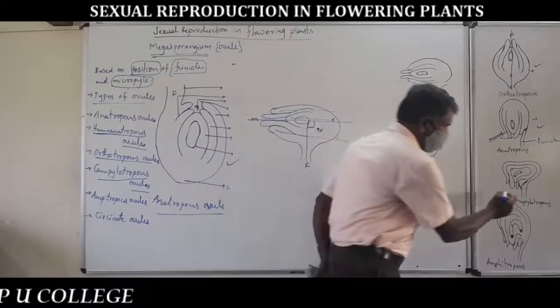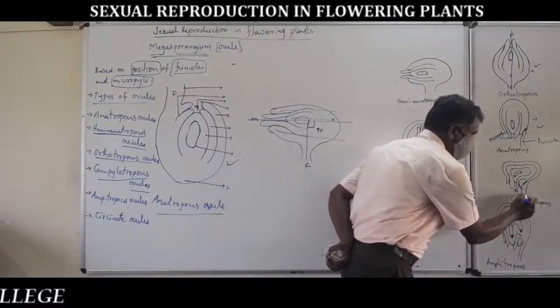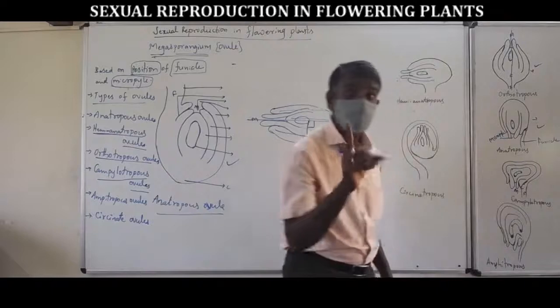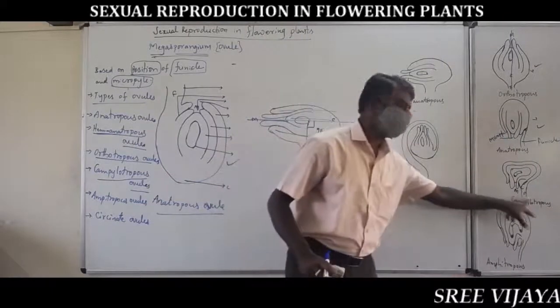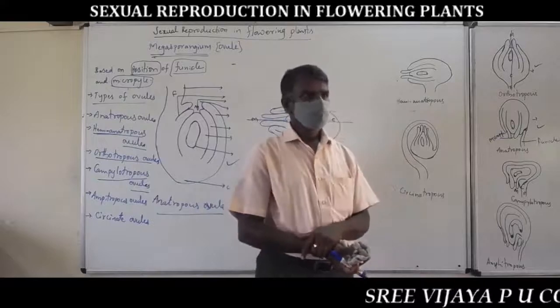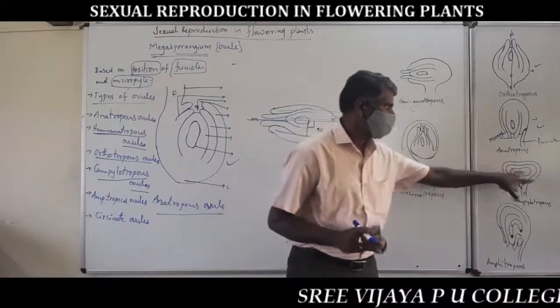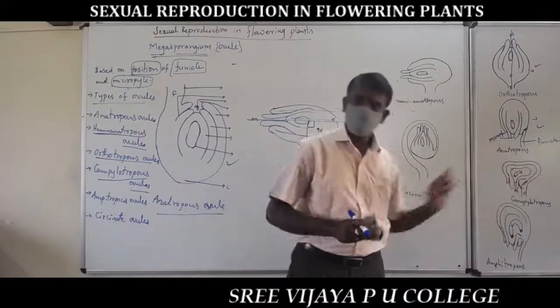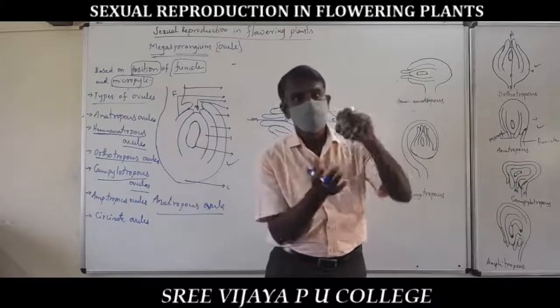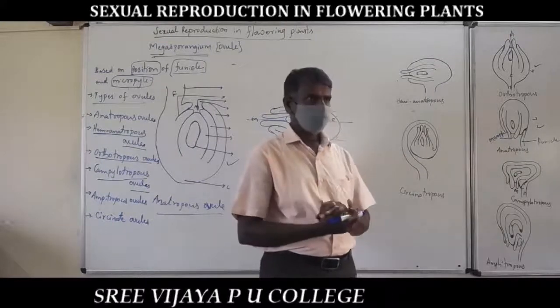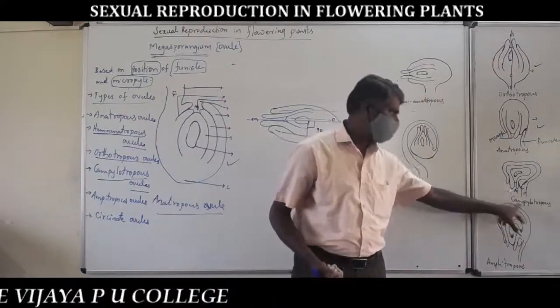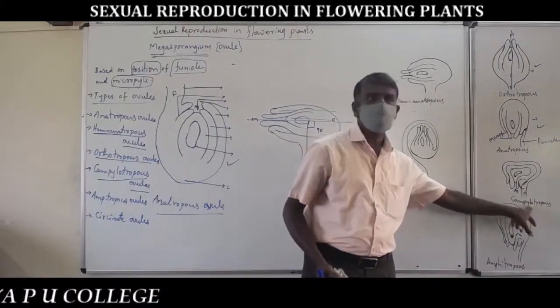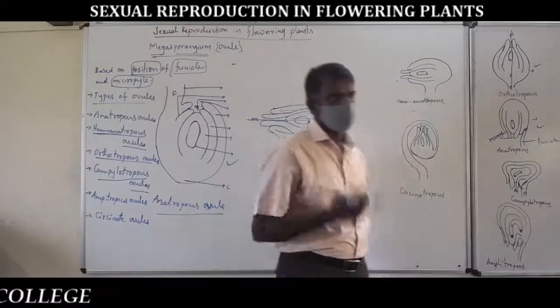The micropyle is very near to the funicle, because the body of the ovule is more curved. Such ovules are called campylotropous ovules.